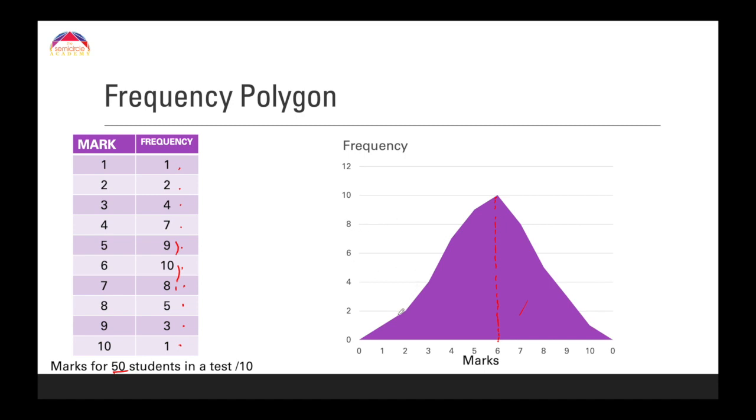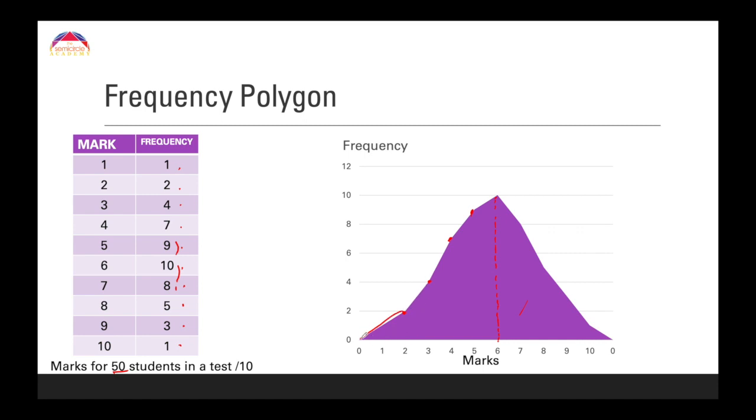Now, one of the things we're going to do today is go from a frequency polygon to a frequency curve. Because what people realized is that I have this point here, and this point here, and this point here. And to make a frequency polygon, we just connect them with straight lines.